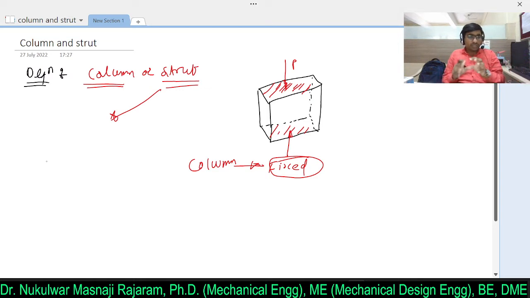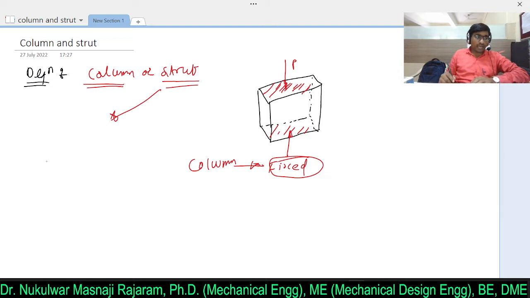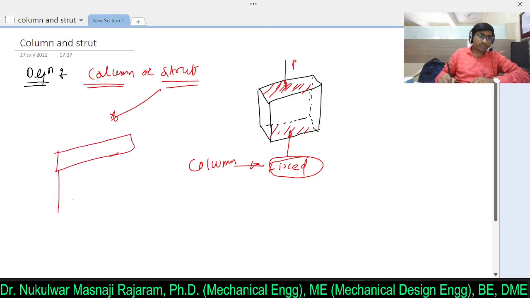A strut is also a member. However, the structure is not vertical, and one or both ends are hinged or pin supported. Suppose I draw another structural member, and this structural member is not vertical, or this end is free, then it is called a strut.